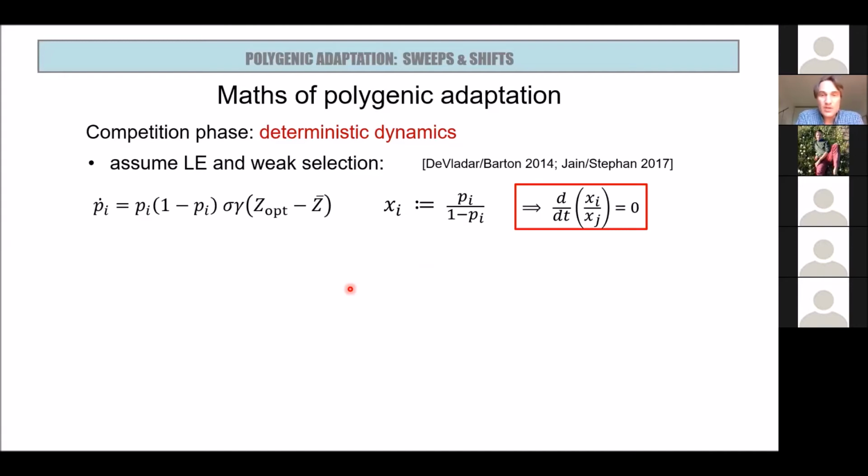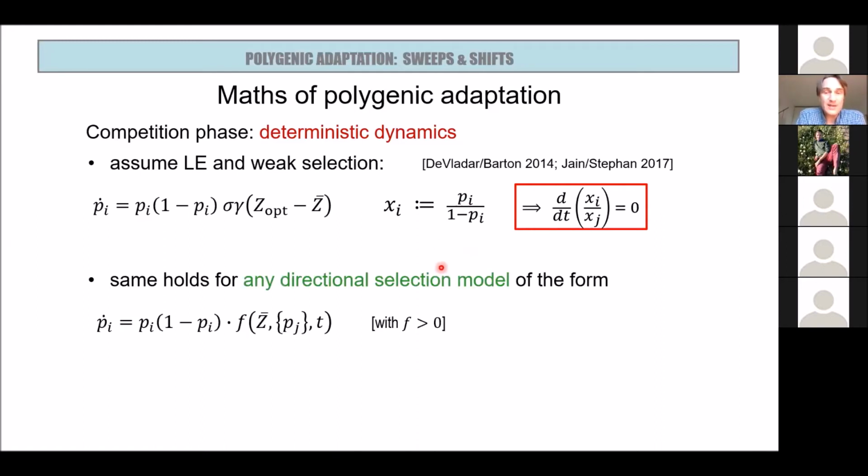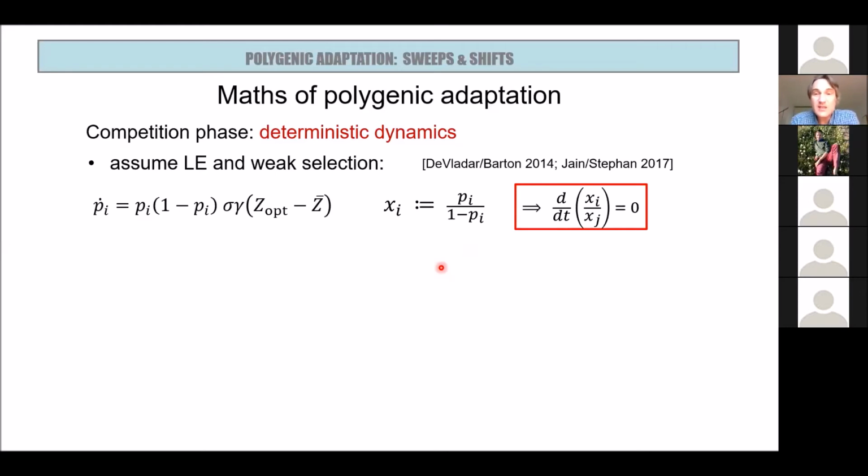And with this model, we can do another parameter transformation. And I won't go into great details here, but only tell you that now again the relative change in these transformed allele frequencies at different loci is again 0.